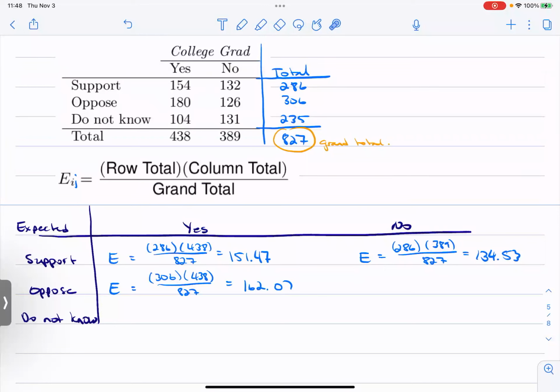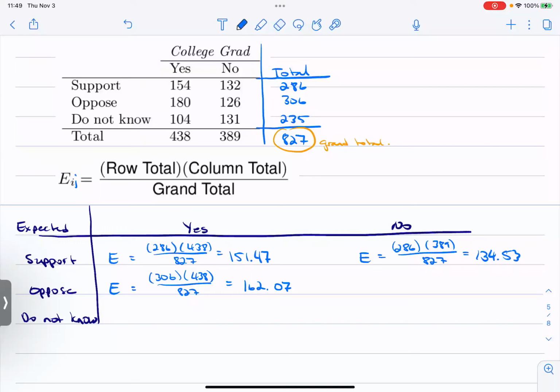Just to get a feel for how this is going, 154 is what I saw. I was expecting 151. I'm not too concerned about that difference so far. Same thing here, 132, I was expecting 134. That's still fine. So far, I am expecting to not be able to reject the null hypothesis, so that's what we're working towards. But then I get to 180 versus 162, and all of a sudden, I feel like maybe there's something going on here.